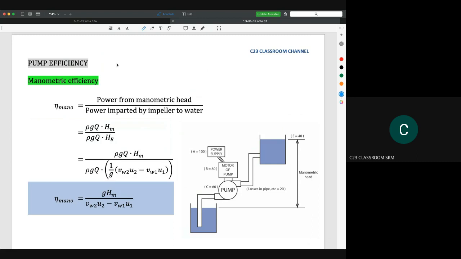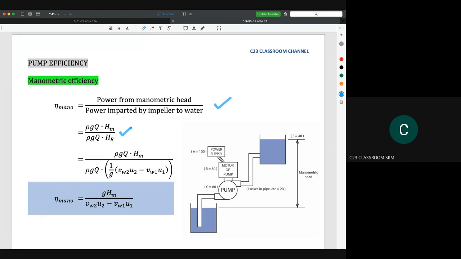So the definition of manometric efficiency is stated like this. Power from manometric head divided by power imparted by impeller to water. So the equation can be written like this, rho g Q H. Please remember that power can be calculated by using rho g Q H. However, in this situation, you need to know what kind of head you need to use for the calculation.